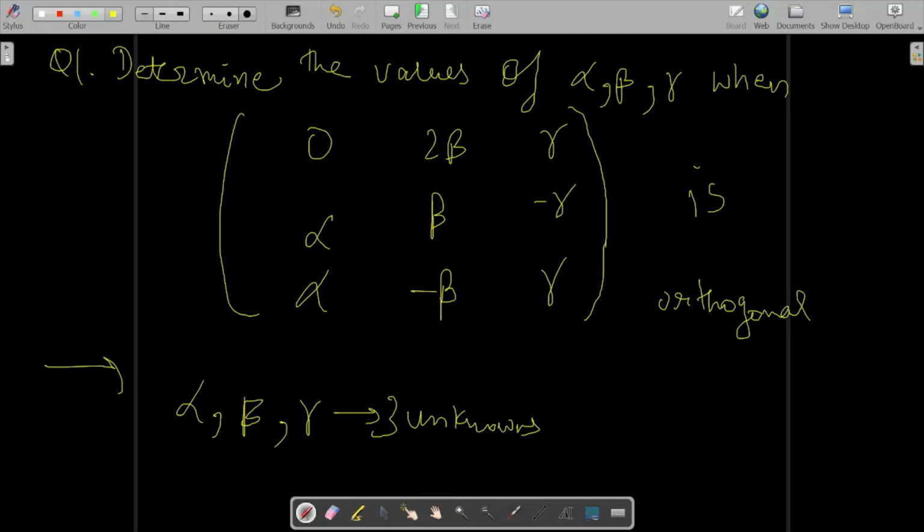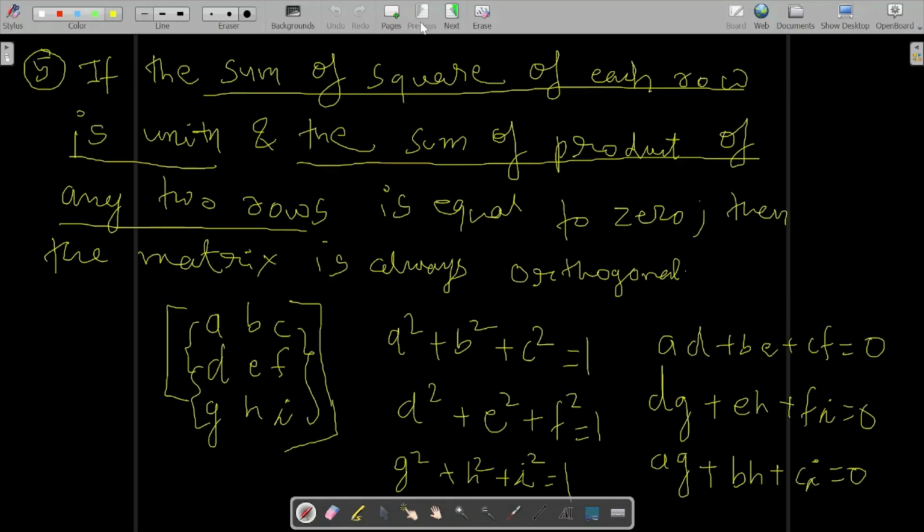There are three unknowns, so the number of equations which I will need is also 3. So I will start solving it by applying these conditions over here, and I will make some equations.